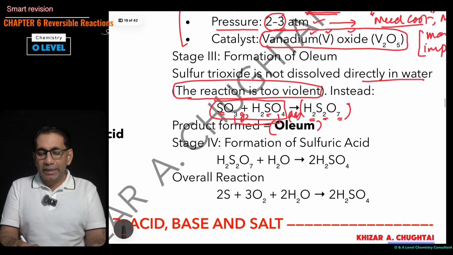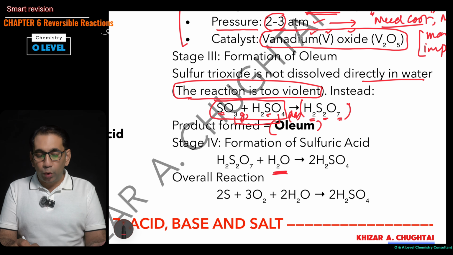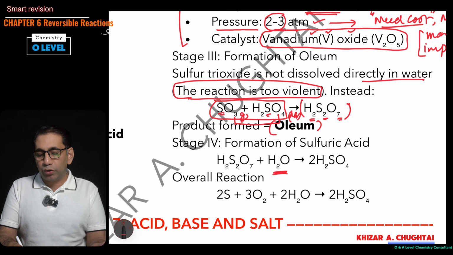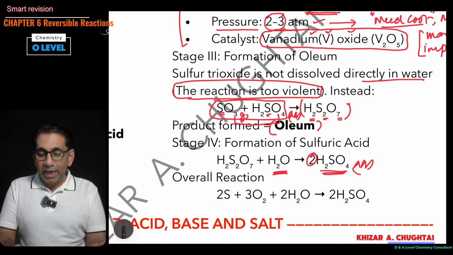Now this oleum is mixed with water. It is not a very violent reaction. It is a normal reaction, the hydrolysis of the oleum, and the oleum changes into 2 moles of sulfuric acid. So what has happened overall?